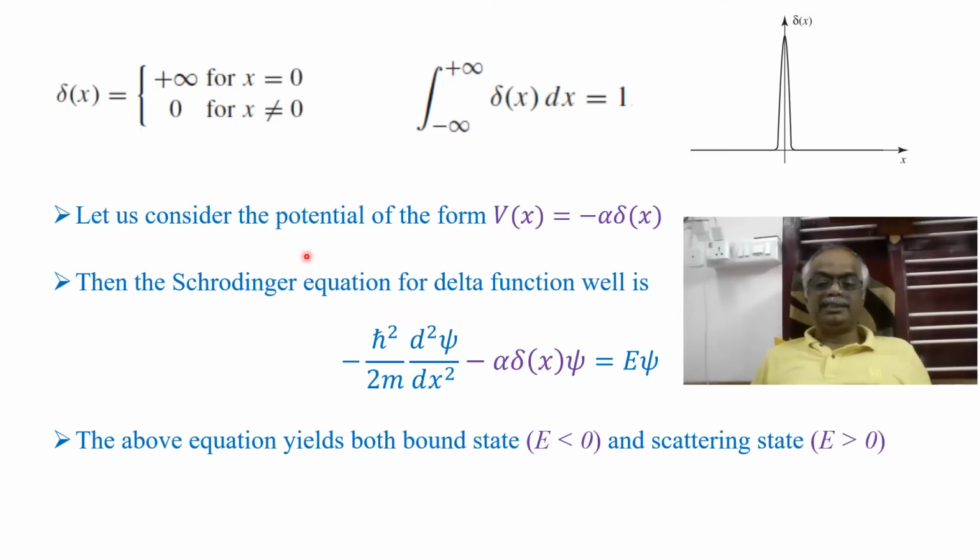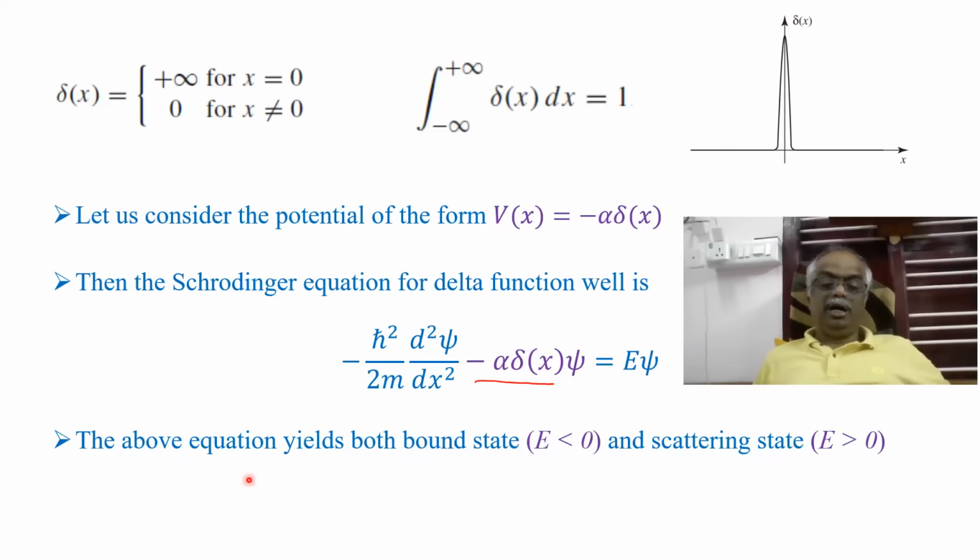Let us consider the potential of the form V of x is equal to minus alpha delta x. Then the Schrodinger equation for the delta function well is minus h cross squared over 2m d2 psi over dx2 minus alpha delta x psi, where I have replaced V by minus alpha delta x, which is equal to E psi.